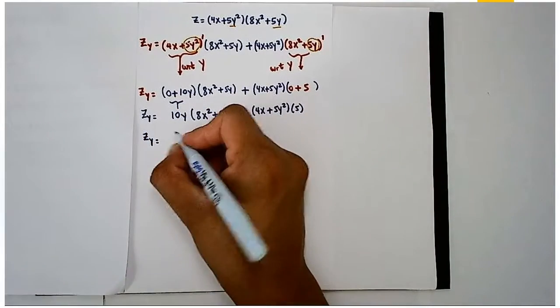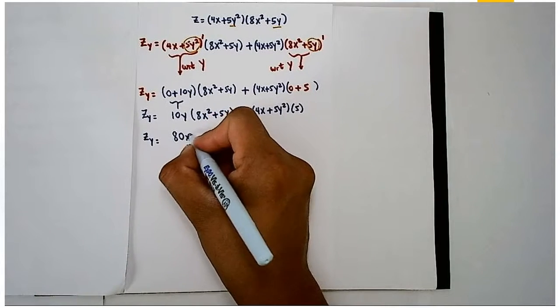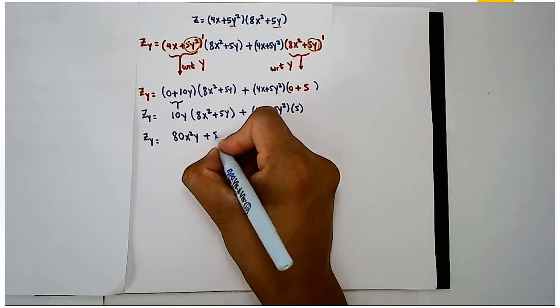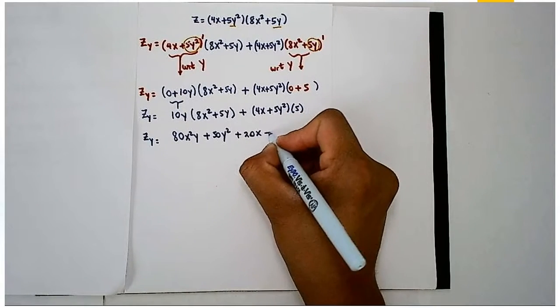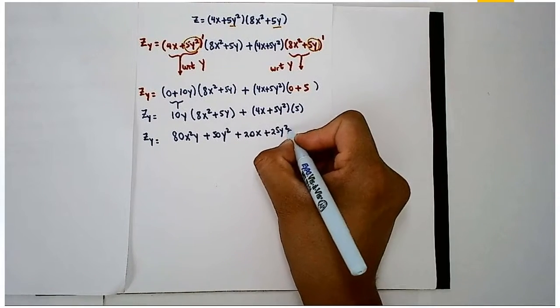So this is equal to 80x squared y plus 50y squared plus 20x plus 25y squared.